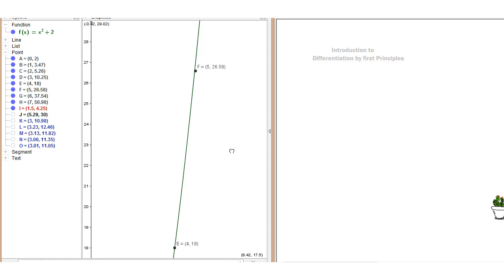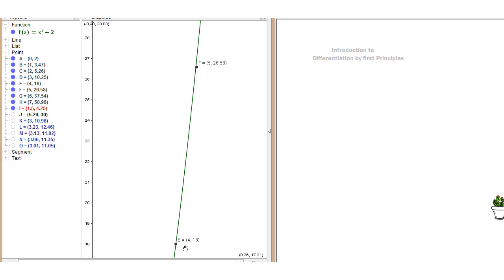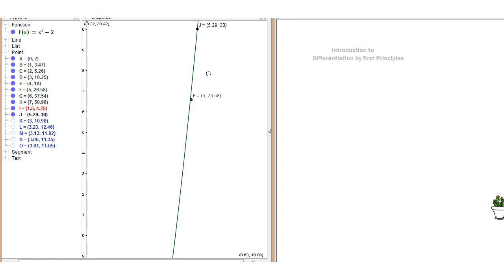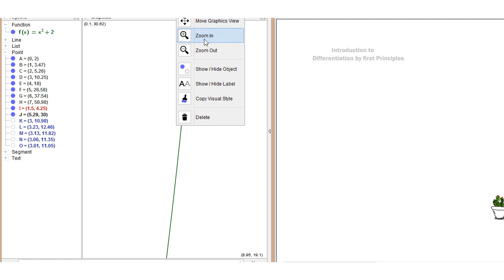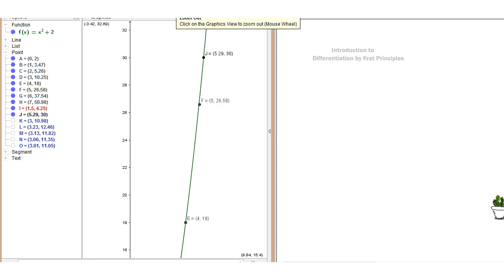Okay, so we see over here at point E, the car was 18 kilometers away from home, and here at point F, the car was 26.58 kilometers away from home, but we want exactly 30 kilometers away from home, so we can plot on the graph a position of 30 kilometers, right, and if I just move this, we'll see that we've now gotten a plot on the graph which is exactly 30 kilometers away from home, and that was at approximately the time of 5 hours and 29 minutes.